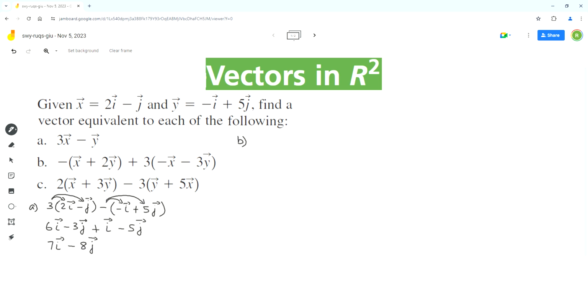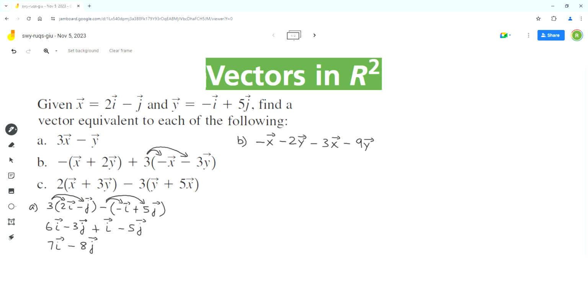So we get, and in the second part, we'll distribute the 3 into the parentheses. So 3 times negative 3 is negative 9.